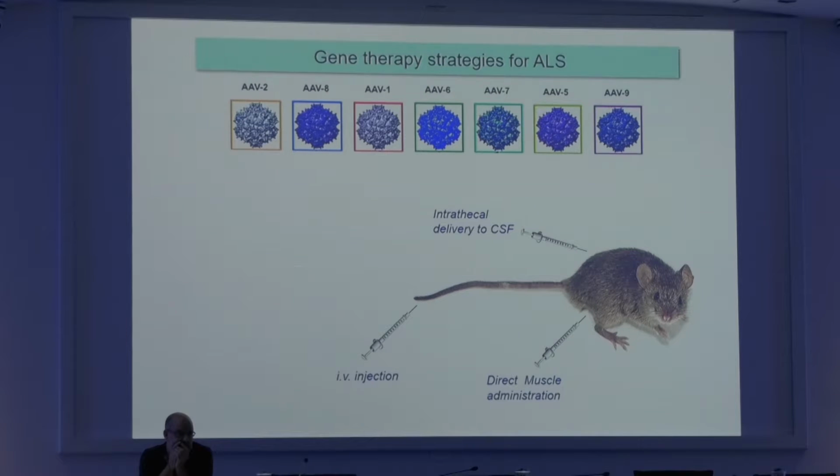So we can deliver the virus also through circulation and reach most of the tissues in the body, but most of the virus will go into the liver. So in order to specifically infect a specific organ, we can use a specific promoter. For example, here, a muscle promoter.